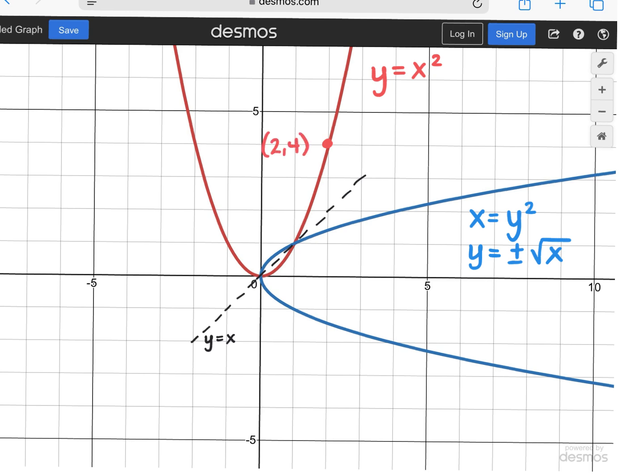If I were to fold my graph on this diagonal line here, and think about where this 2 comma 4 is going to end up, it would end up right here at the point 4 comma 2. And so what you'll notice happened is your x's and y's switched positions, right? 2, 4 became 4, 2. That's what happens under an inverse.